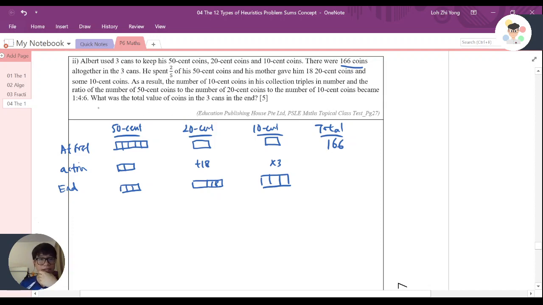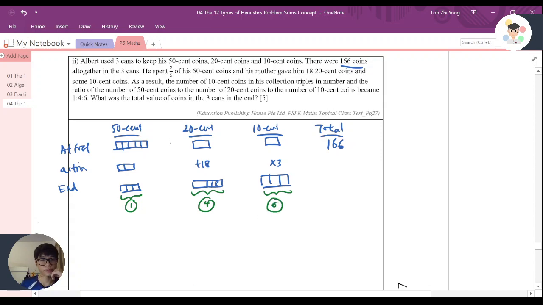And let's look at here. It says, as a result, the ratio of the 50-cent coins to the 20-cent coins to the 10-cent coins became 1 to 4 to 6. It means that now we are given the ratio. Here is 1, here is 4, here is 6.